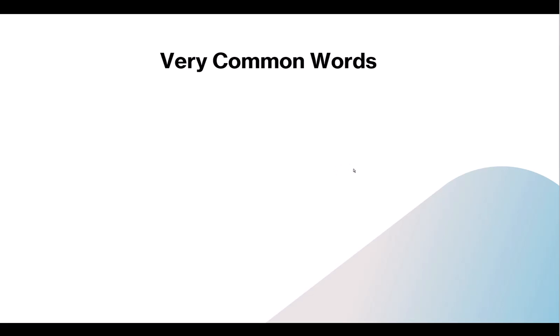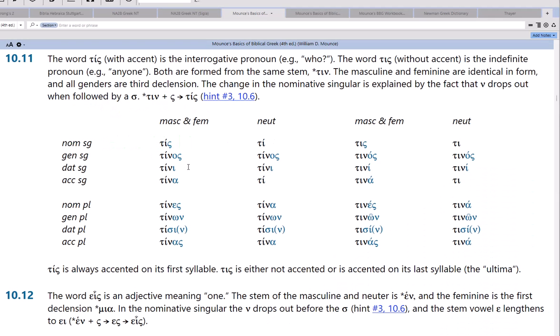Finally, let's look at a couple of very common words. So we have tis with the accent, meaning what or who, interrogative, and then tis without the accent, meaning someone or something. This is noted in table 10.11 in Mounce's book. Let's look at that real quickly. So I have this up within Accordance Bible Software.